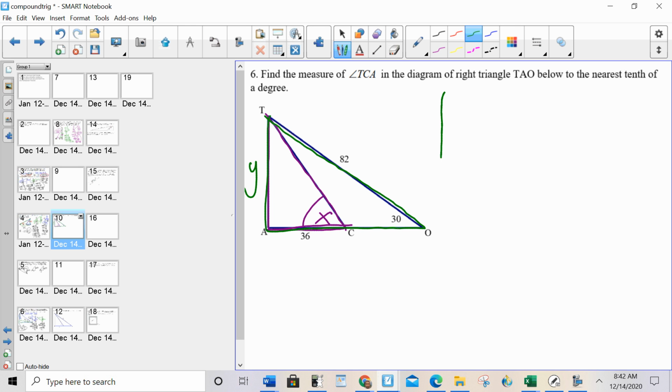So here's my green, TAO, that's Y, that's 82, that's 30. Please pause, find that missing side labeled Y, and then unpause. Okay, now that you've found this missing side, I'll go over it.